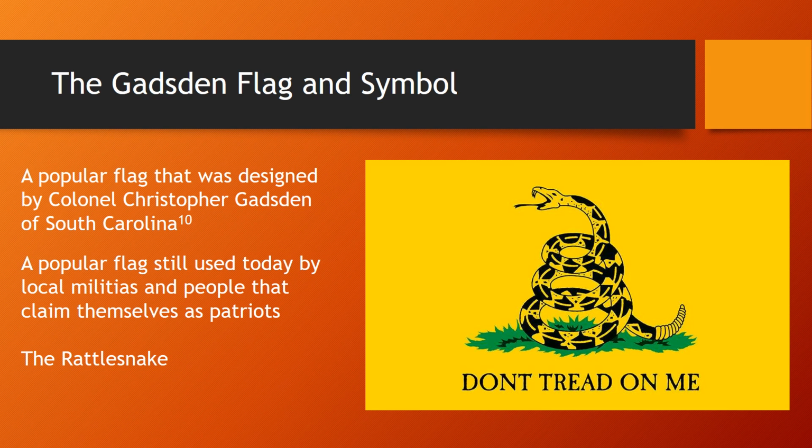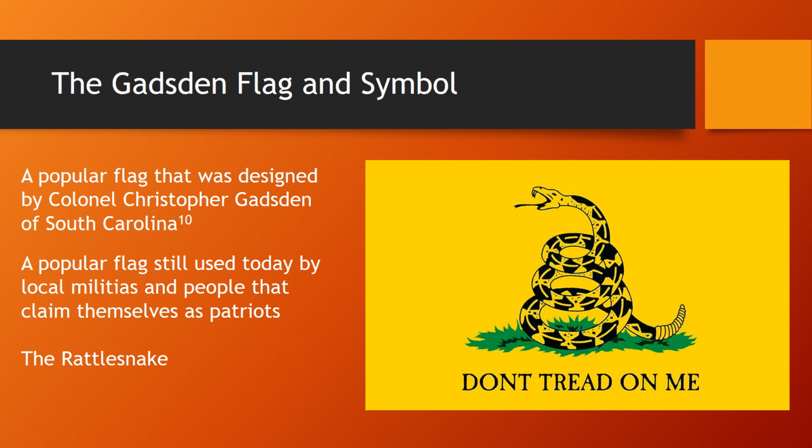Kind of strange that it went away from the crane and the rattlesnake to the national animal being the bald eagle, which is a symbol that kind of stood for Britain back in the day. I just thought the symbolism of the rattlesnake kind of ties in with the other symbols and propaganda that I mentioned.